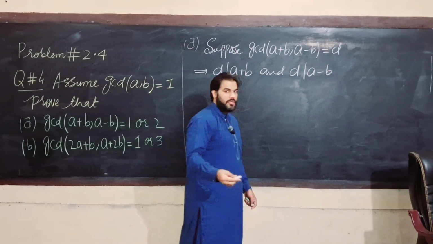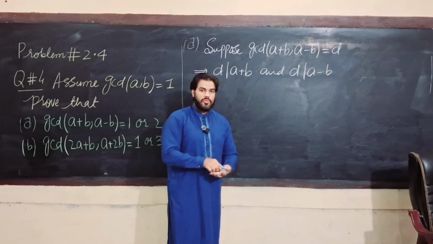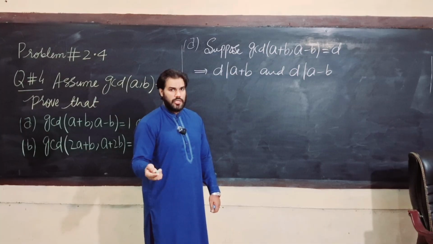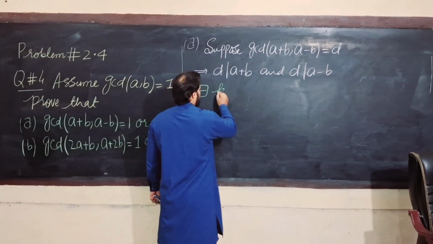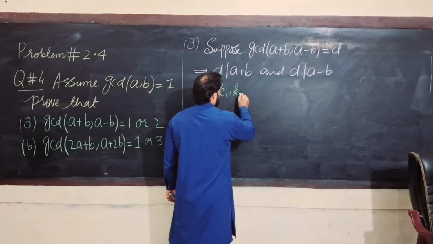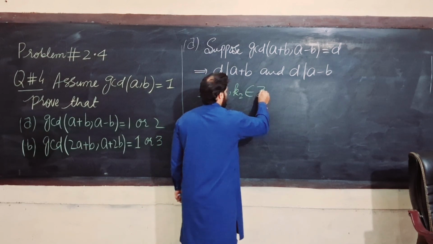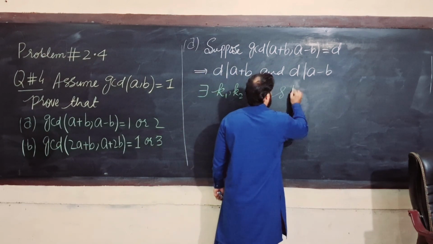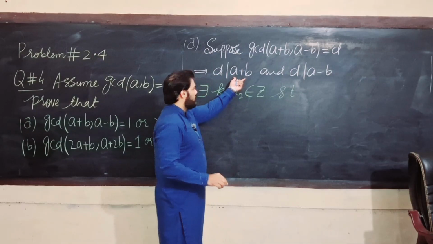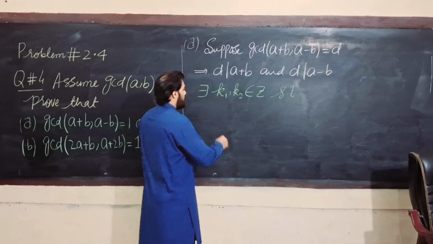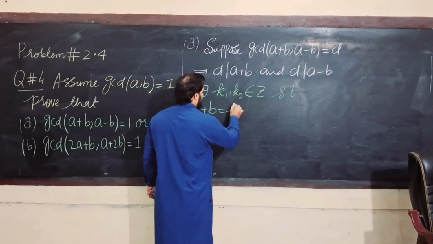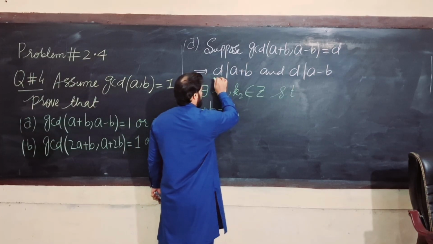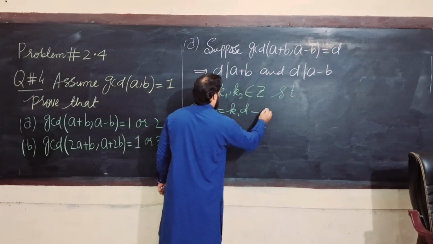Now by using the definition of divisibility, there must exist two integers k1 and k2 belonging to Z such that A plus B, that is the dividend, can be written as A plus B is equal to k1 times the divisor D. Say this is my equation number 1.